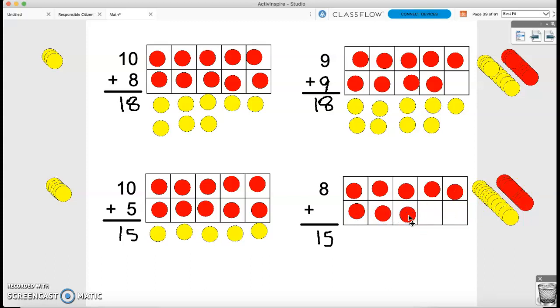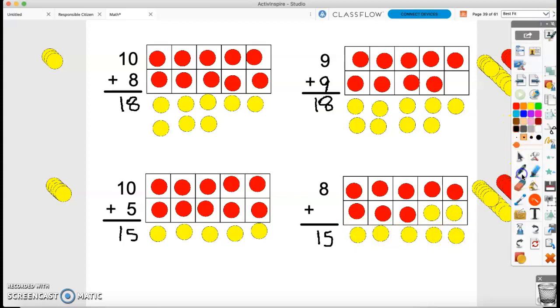And now we're going to keep going with yellow until we get to 15. 9, 10, 11, 12, 13, 14, 15. So now we're going to count the yellow and see how many we have. 1, 2, 3, 4, 5, 6, 7. We have 7. So 8 plus 7 is 15.